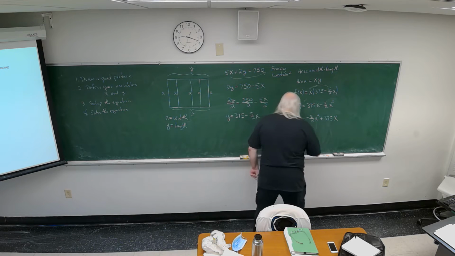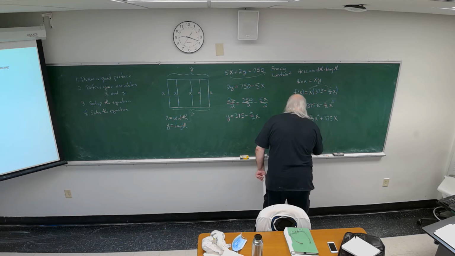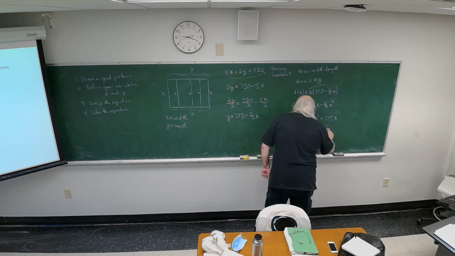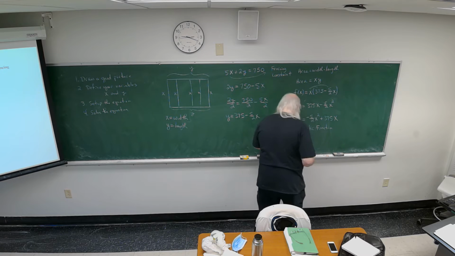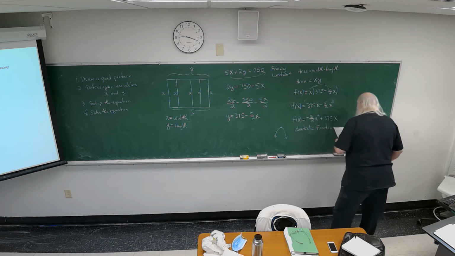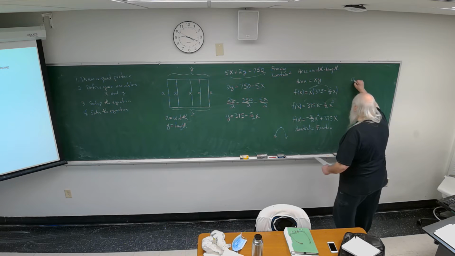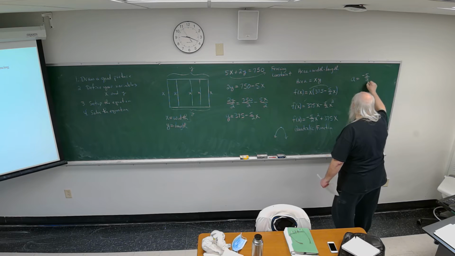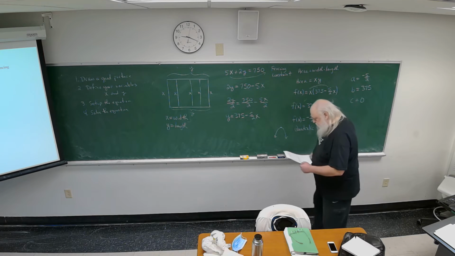So this is a quadratic function, and we know how to find the maximum value of it. A is equal to minus 5 halves. B is equal to 375. And C is equal to 0.